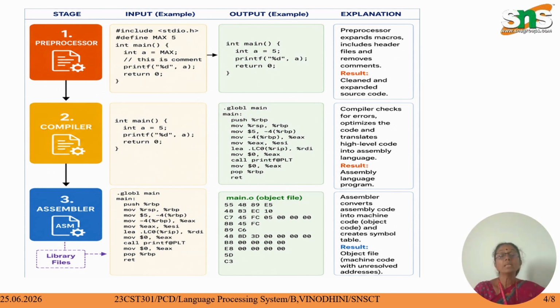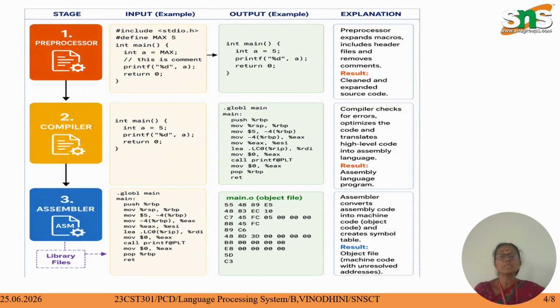After the output of the preprocessor, that program is given into the compiler. The compiler checks for any errors, optimizes the code, and translates our high level language program into the assembly level language program. That is the output of the compiler.